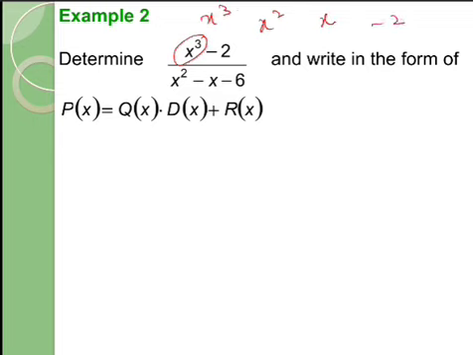Since there's no x power 2 and x power 1 in this polynomial, you have to add in 0 of x squared and 0 of x, and then divide with this quadratic divisor. Feel free to try this example out. After you're done, try example 3.